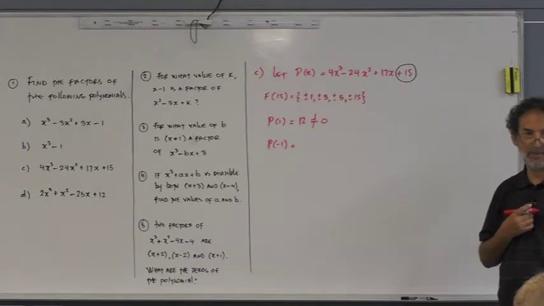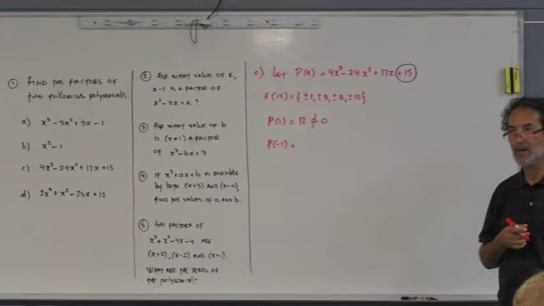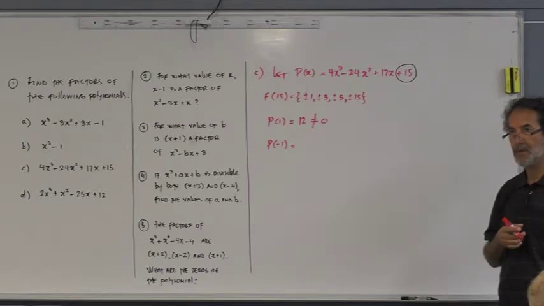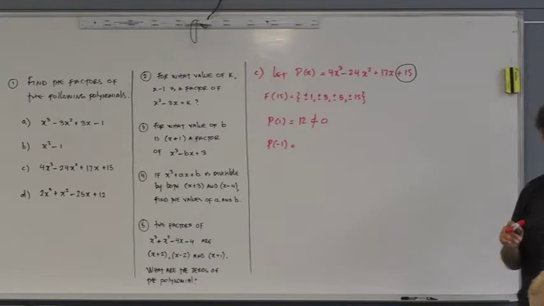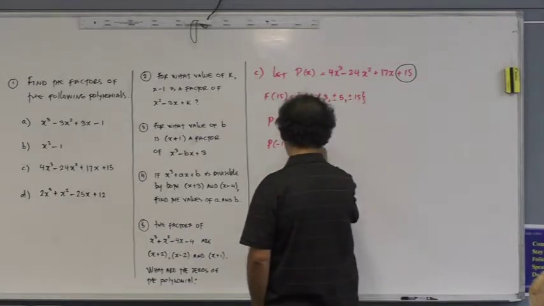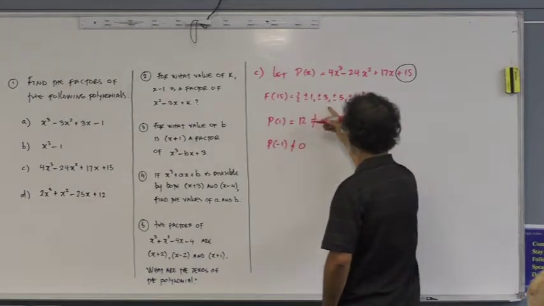P of negative 1. Okay, it's not equal to 0. Is that clear? Not equal to 0. So we'll say that is not equal to 0. Let's go to the next one.